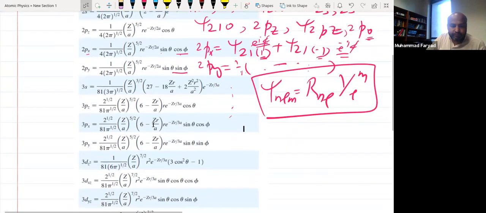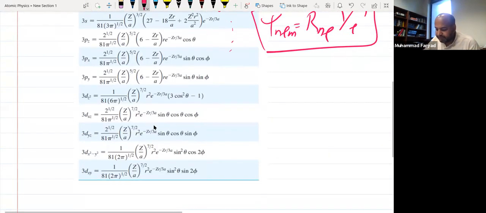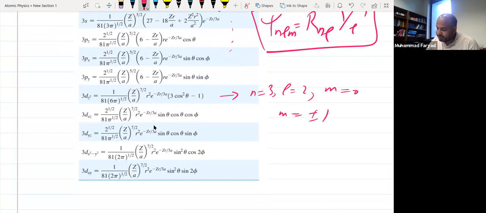Okay, so similarly, there are other orbitals. For example, this dz square is when n is 3, l is 2, and m is 0. This dxz, dyz, they are for m plus minus 1, and these are for m plus minus 2, because you see cosine 2 phi and sine 2 phi coming here.